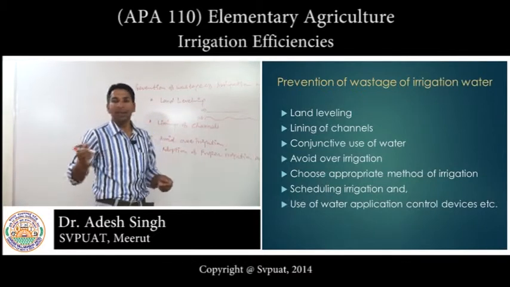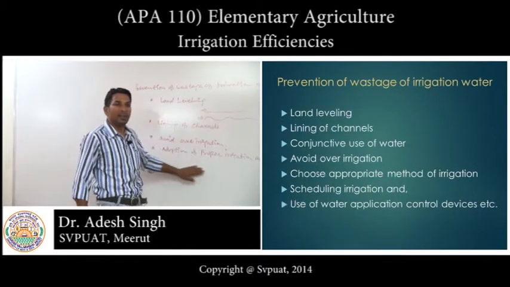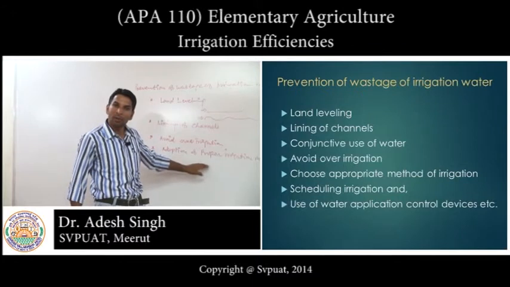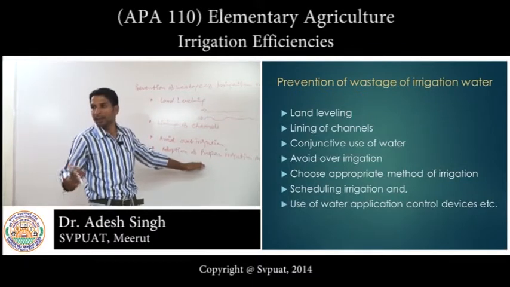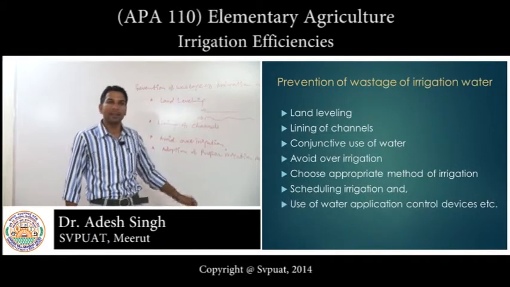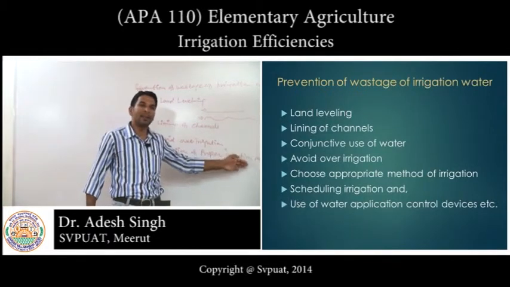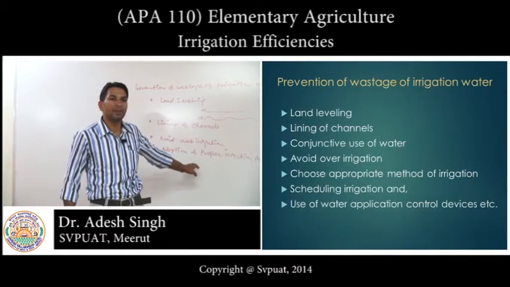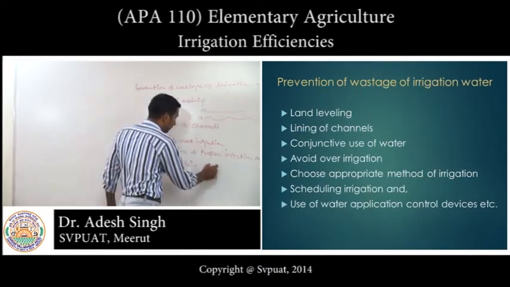So this will lead to wastage of water. So the method can be adopted according to the crop need, according to the soil type, according to the climatic conditions. So the proper method will save an ample amount of water which otherwise goes to waste.